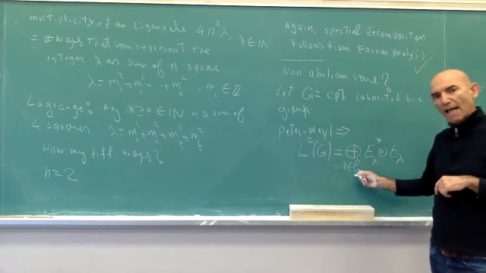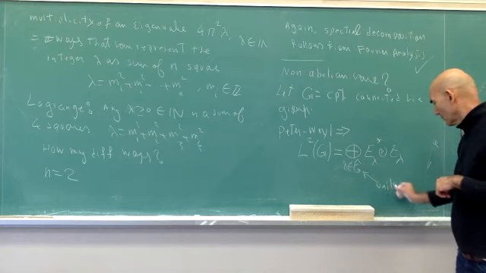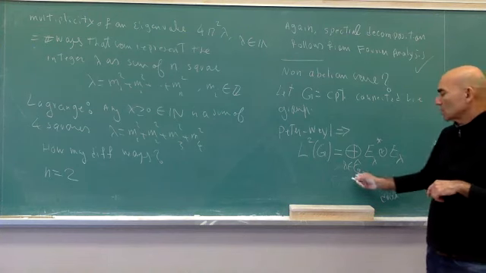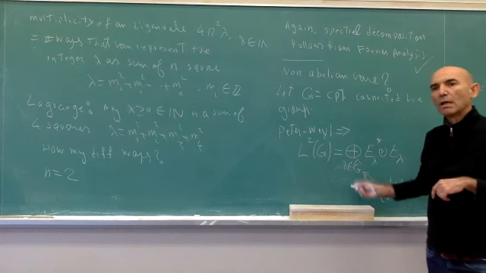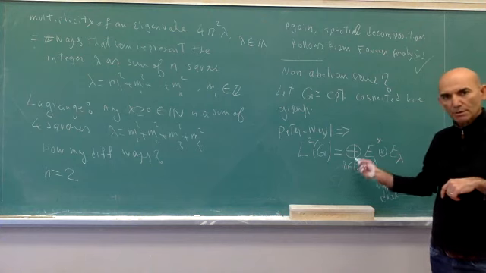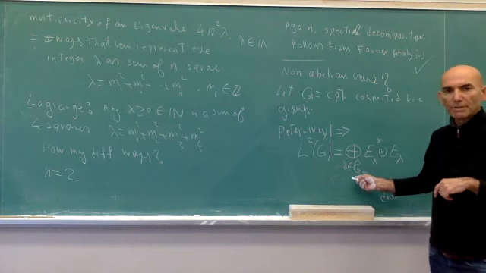This G hat is the unitary dual, the set of all irreducible unitary representations of this compact connected group G, which is a discrete set.